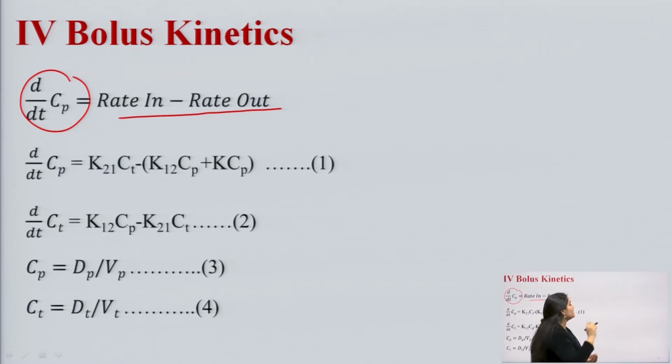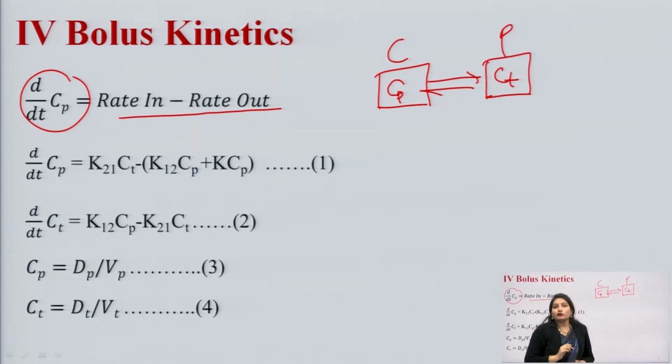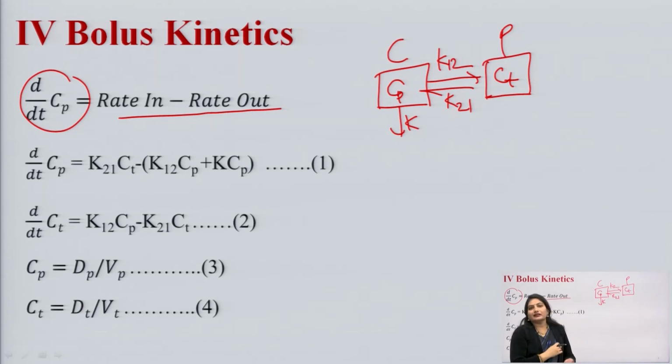Then how are we representing this? Because I have already told you that from the central compartment the drug is moving into the peripheral compartment, and the constants used are K12 and K21, and from here the drug is leaving the central compartment.